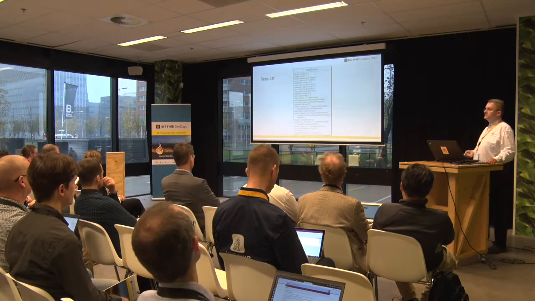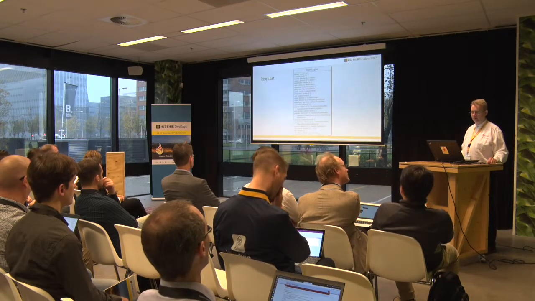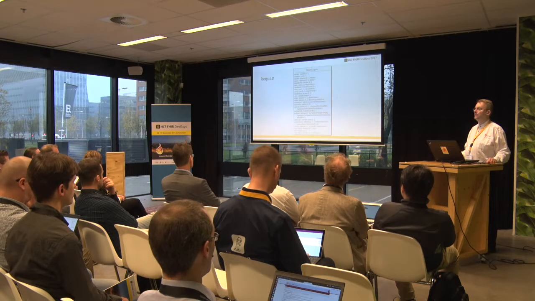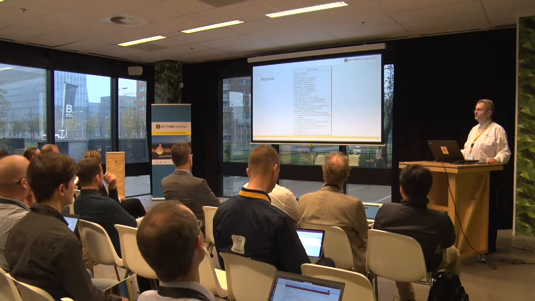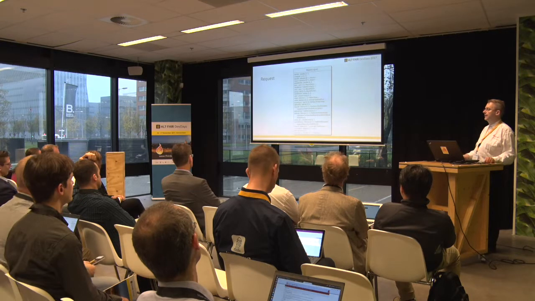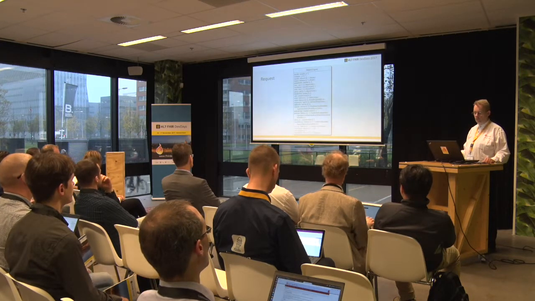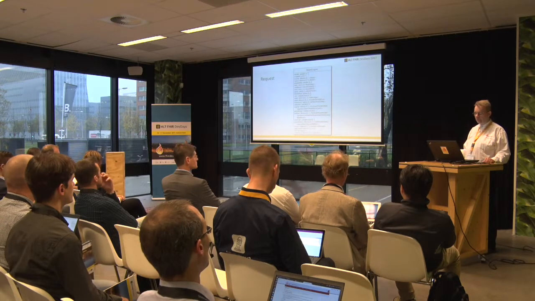We have a status, so where is the request within its life cycle? We'll take a look at that in a bit. We have status reason. This is new as part of release 4. That lets you capture why was this thing suspended or canceled or whatever.